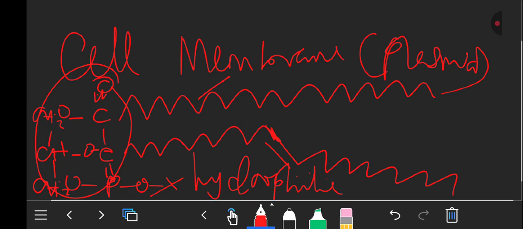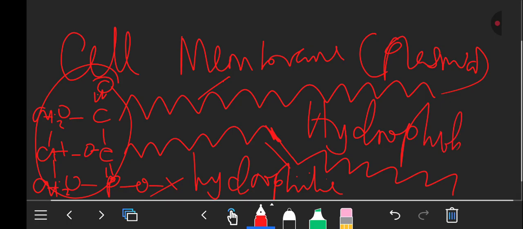Okay, so the head is hydrophilic, but the tail is hydrophobic. Phobic means hate or fear. So the tail hates water. Okay, so that is one of the important things you need to understand.